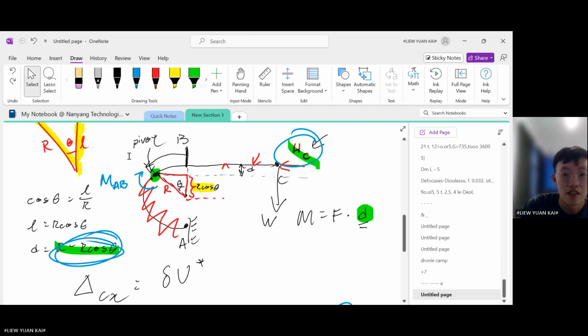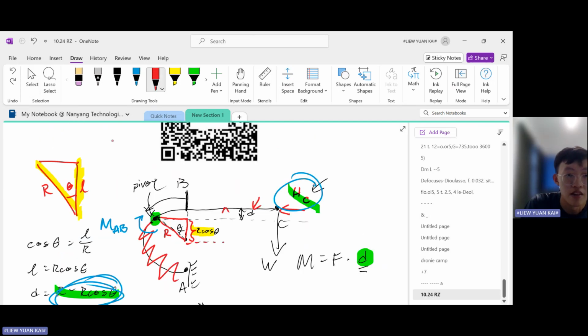What is the distance between W and the pivot? Let's clean this up a bit. W is along here, the pivot is here. So we want to find this distance, right? We know for a fact that this is 2r.